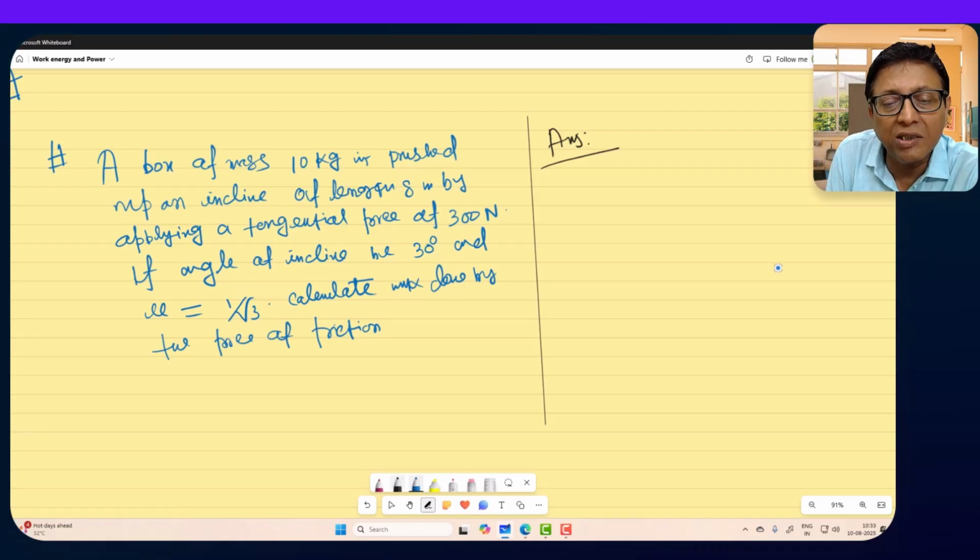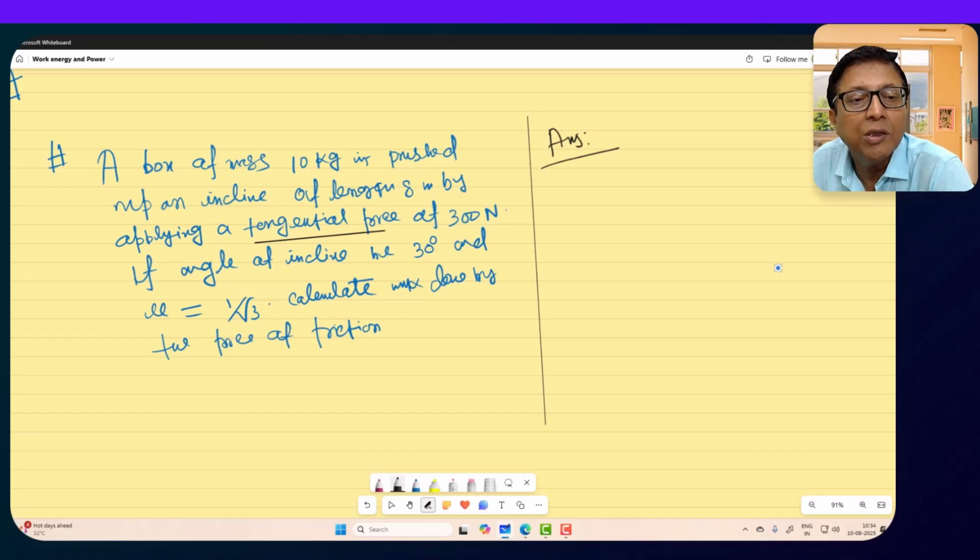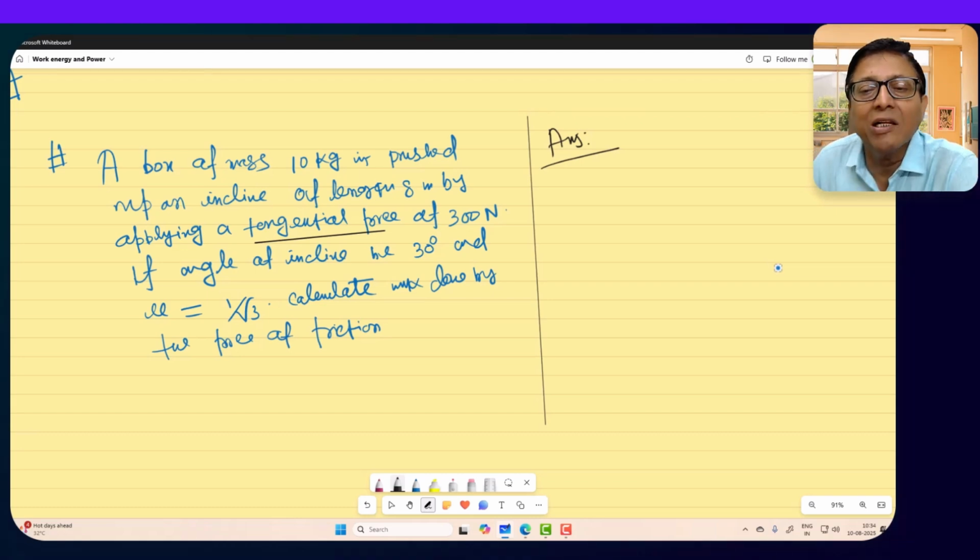Intentionally I have used this term here: tangential force means component along the direction of motion. Angle of incline 30 degree, mu given, find work done by the force of friction.